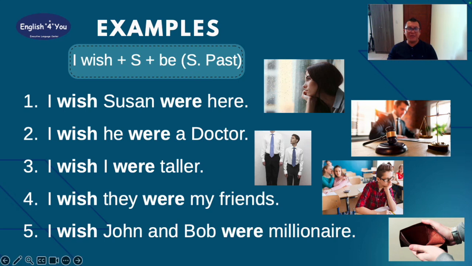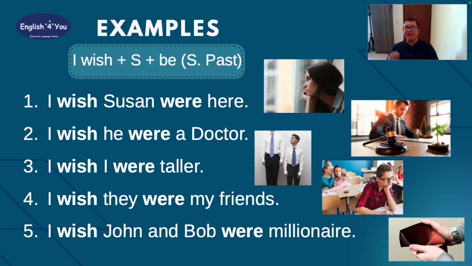Why is the verb to be "were"? Guys, when you use the structure "I wish" and the verb to be, it is always going to be "were". You're going to use the verb to be in past "were" for all the subjects. Why is that?